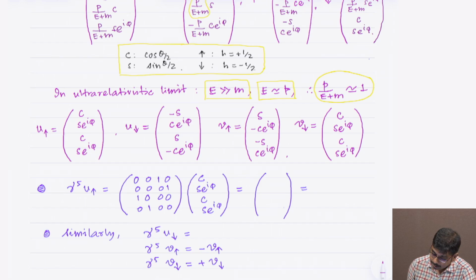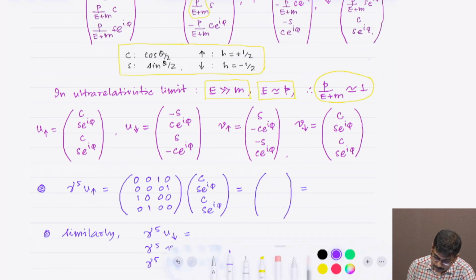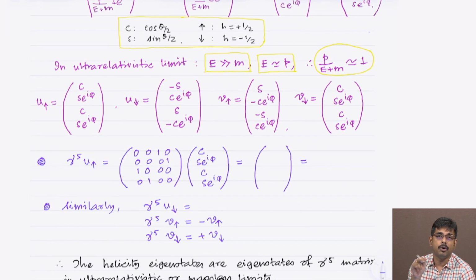With this, I am now interested to operate gamma 5 on this u up. Gamma 5 in the Dirac-Pauli representation is this 4 by 4 matrix, and I am operating on C, S e to the power i phi, C, S e to the power i phi. Doing this matrix multiplication: 0 into this, 0 into this, 1 into this, so this entry is C. What happens to the second one? 0 this, 0 this, 0 this, and 1 into this, so this is S e to the power i phi.